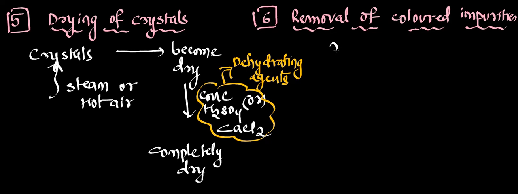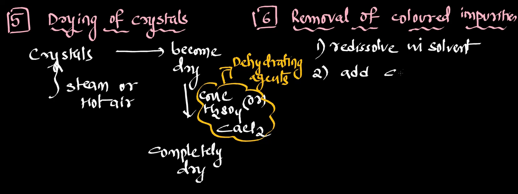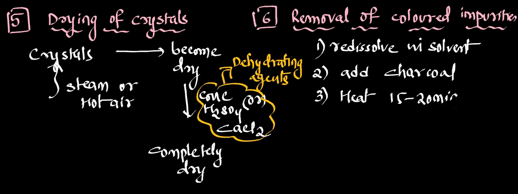We have to redissolve the crystals in the solvent, and when redissolving, we add charcoal. Then we heat the mixture for 15 to 20 minutes. During this process, as you know, charcoal is a very good adsorbent. It adsorbs all the colored impurities.